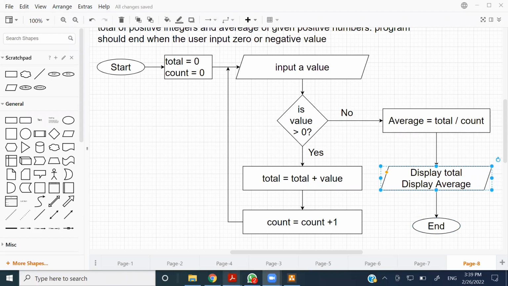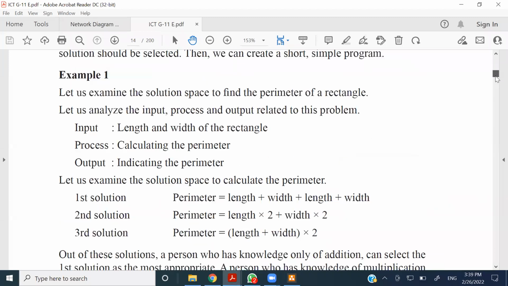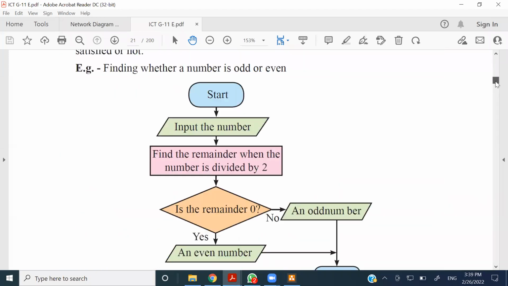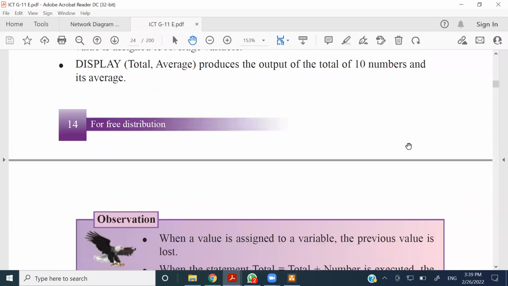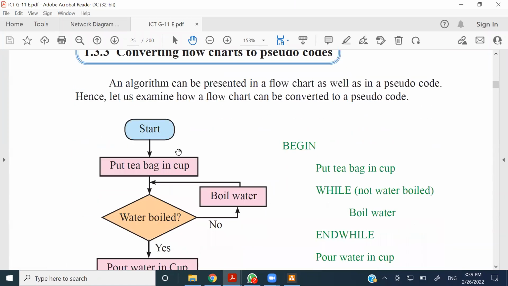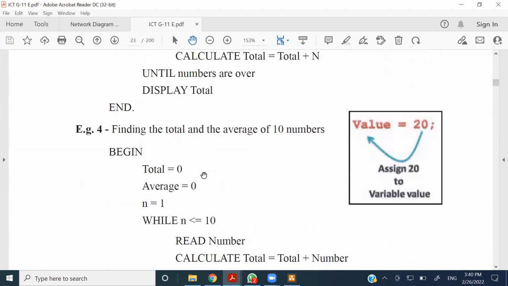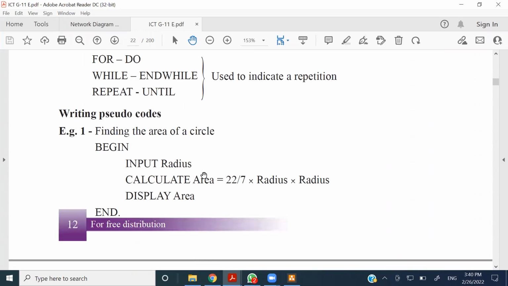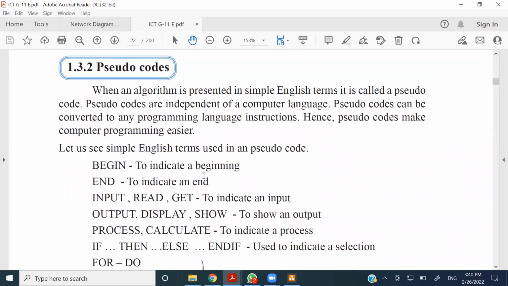Okay, so today we are going to talk about a new section called pseudocodes. Pseudocodes are the textual representation. Earlier with the flow charts, we represented the algorithm in a graphical way, right? Now with the pseudocodes, we are going to represent the algorithm in a textual manner, in simple words.